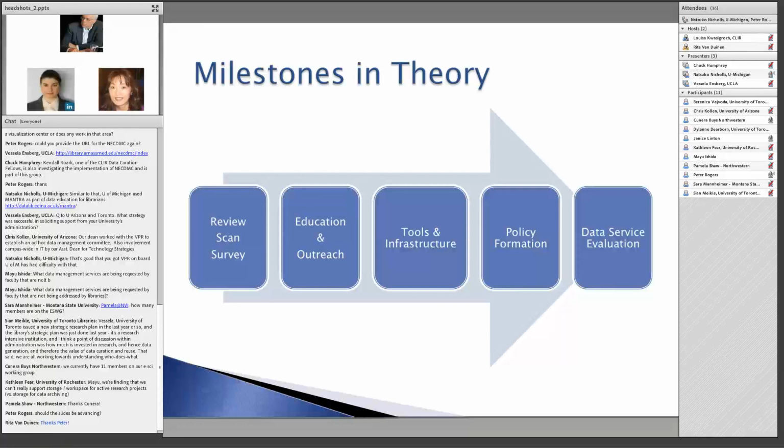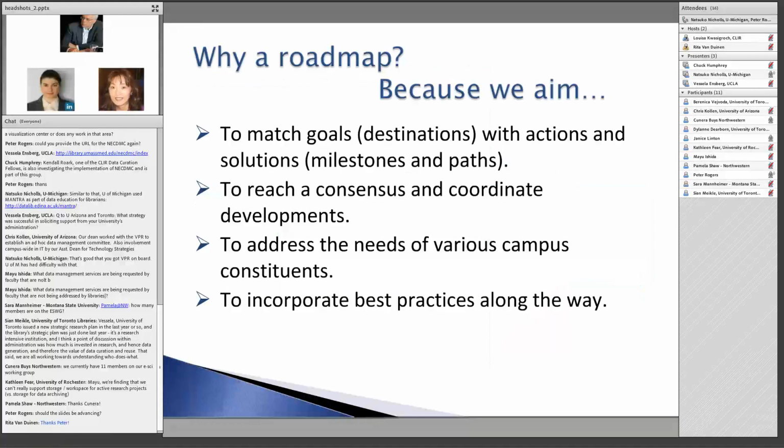Although we discuss critical milestones in both theory and practice, it should be noted that the focus of today's webinar is only one component of a much larger, more or less formalized process at most research institutions to develop and maintain a research data management infrastructure. Additional critical topics will be covered over the course of this program based on where you currently stand and what your future needs will be.